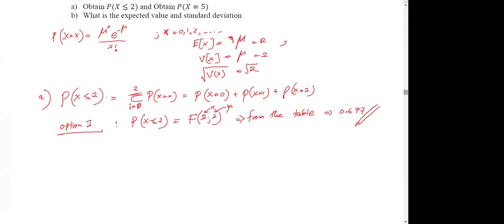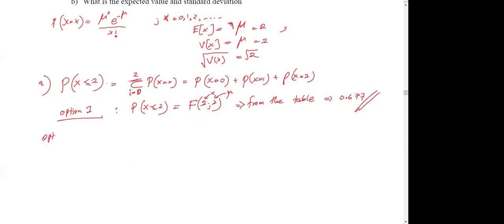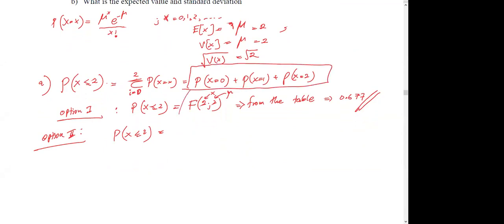Option number 2. Probability of x less than or equal to 2 means you have to add these three. Plug in x equals 0 and find that probability, then plug in x equals 1, then find the probability of x equals 2 and add those three together.